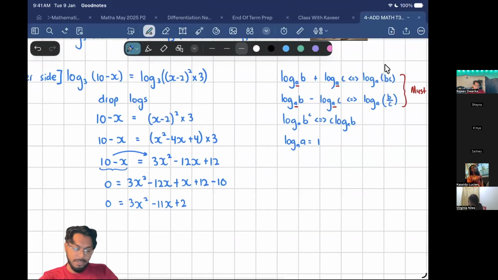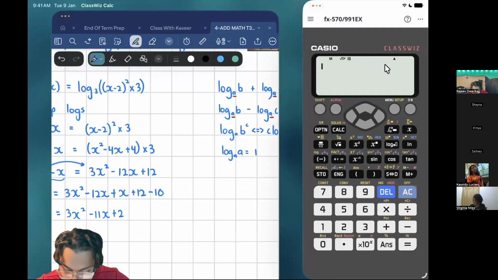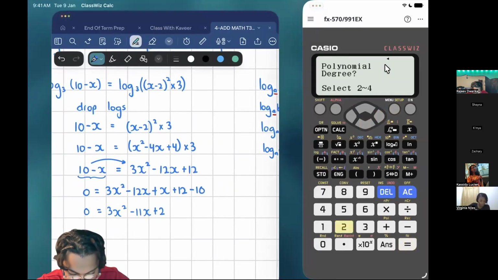I don't think you'll be able to factorize this. So I think you have to use the quadratic formula.